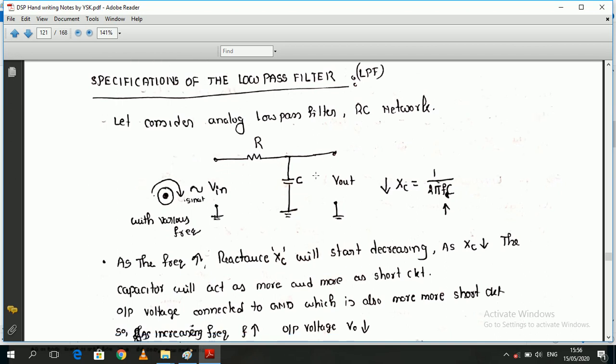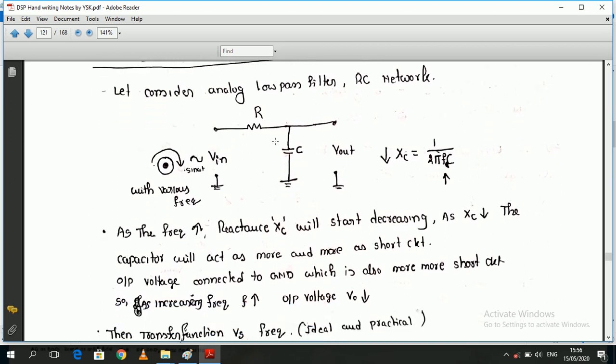If you observe this circuit, if you give the input Vin, we get output across a capacitor, where Xc is nothing but reactance, Xc equals 1 by 2 pi fC. If you increase the frequency with constant amplitude and phase, that means we are not disturbing any voice or message, we just increase the frequency only. What happens at the output?